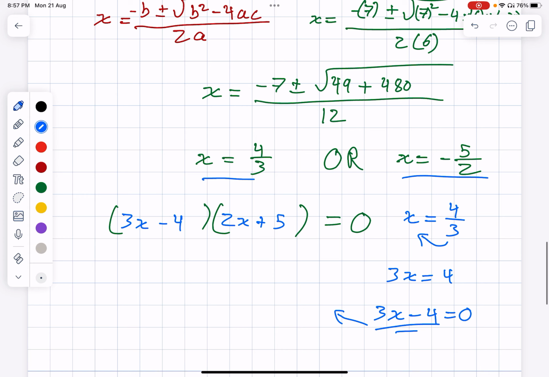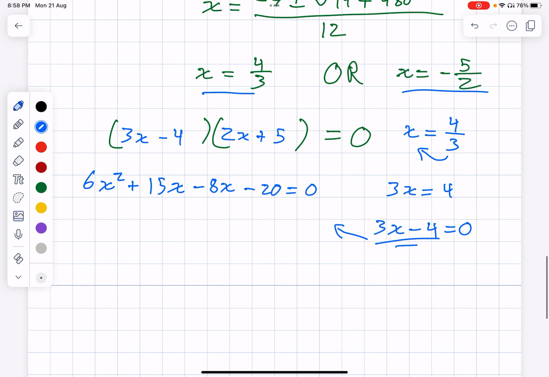Let's see. 3x times 2x will be 6x squared. 3x times 5 is going to be 15x. Negative 4 times 2x will be negative 8x. Negative 4 times positive 5, I'm sorry, it's going to be negative 20, since negative times positive is equal to negative.